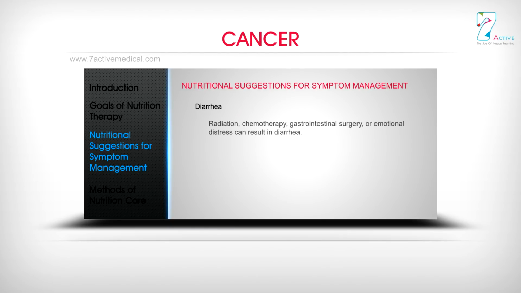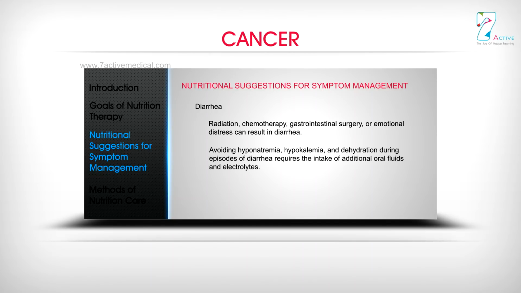Diarrhea. Radiation, chemotherapy, gastrointestinal surgery, or emotional distress can result in diarrhea. Avoiding hyponatremia, hypokalemia, and dehydration during episodes of diarrhea requires the intake of additional oral fluids and electrolytes.